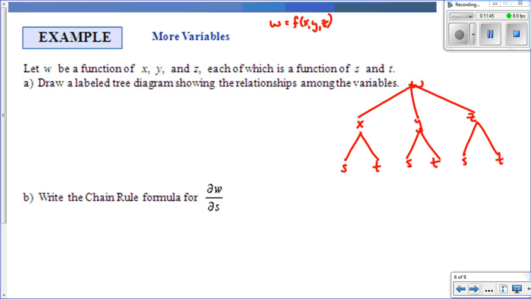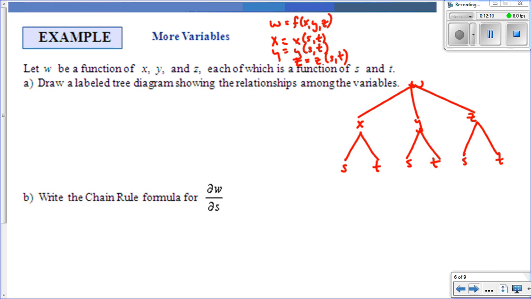So you may have x is equal to x of s, t. You don't have to change the function name. Sometimes they just use the x and the y. That way they don't have to use various other variables. So this is one way to write that they're functions of s and t.